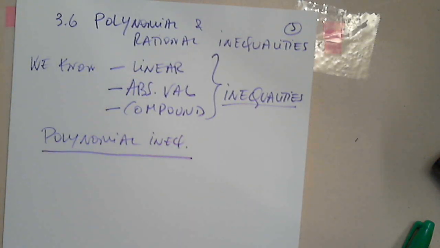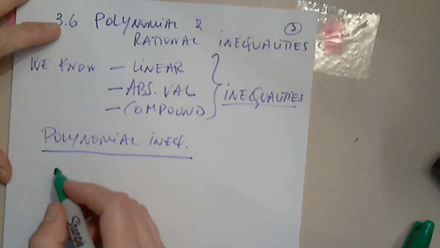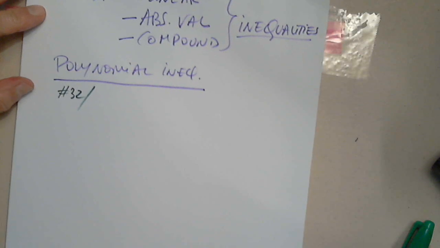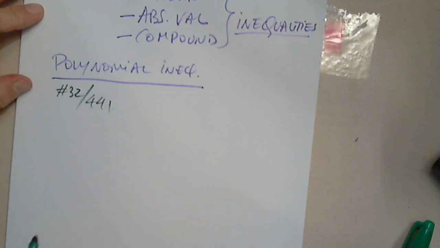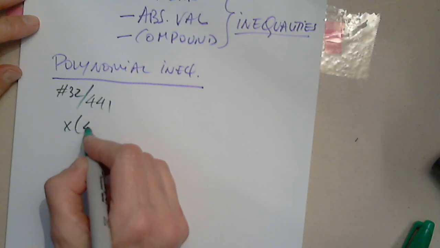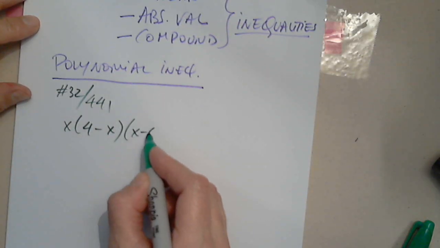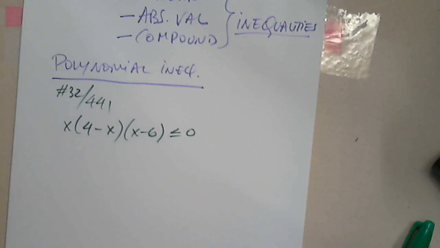I'm going to choose a problem. You can choose the next, of course. I'm going to choose a problem that is already factored, something nice, like 32 on page 441. It has x times 4 minus x times x minus 6, less than or equal to 0.